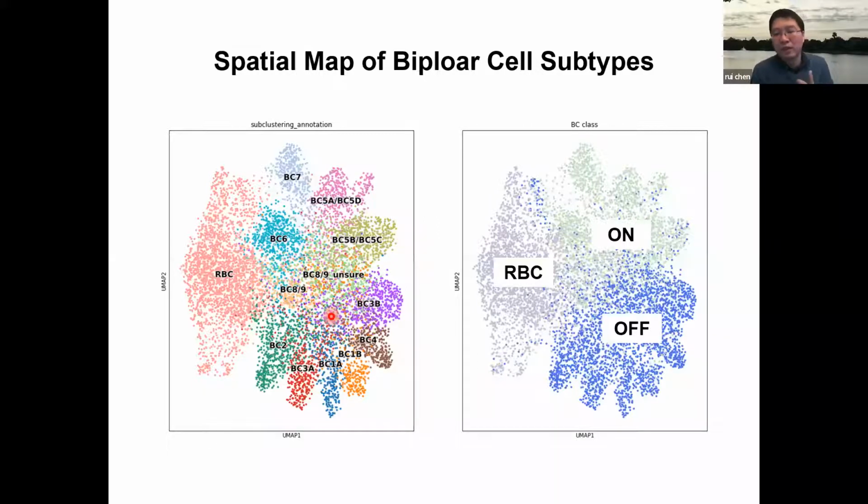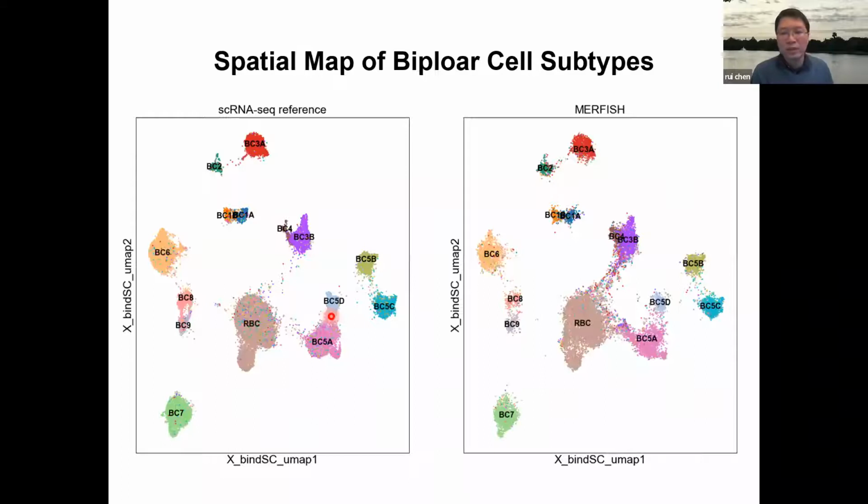So how to deal with that? One thing we're thinking about is whether we can leverage the single cell RNA-seq data to help resolve those subtypes. So that's what we did. We ran a co-embedding by combining the single cell RNA-seq with the Murphy's data.